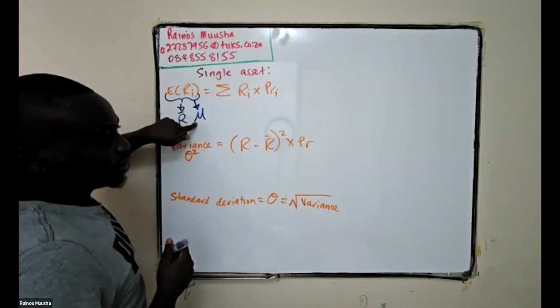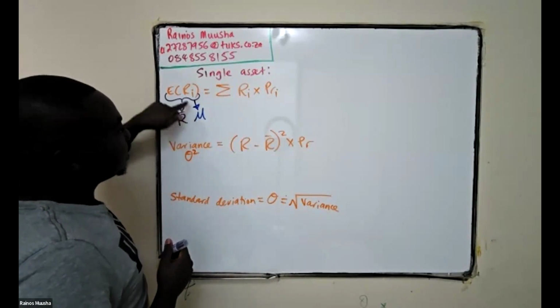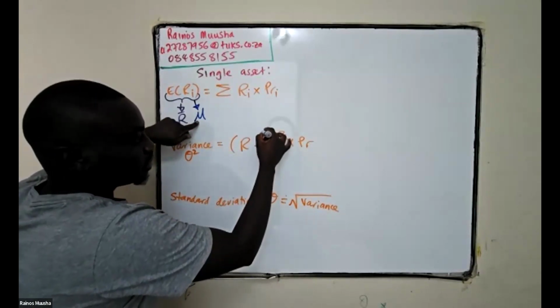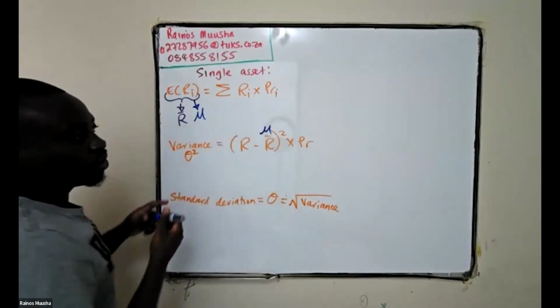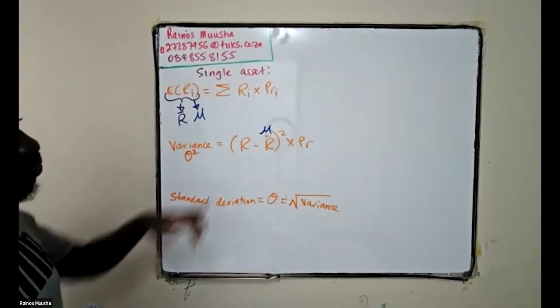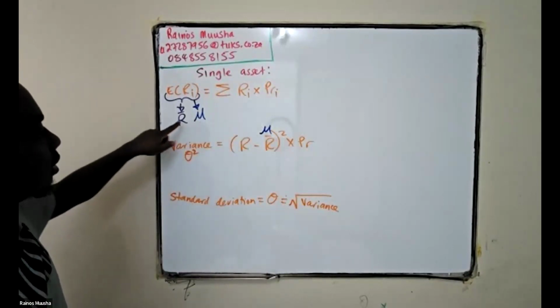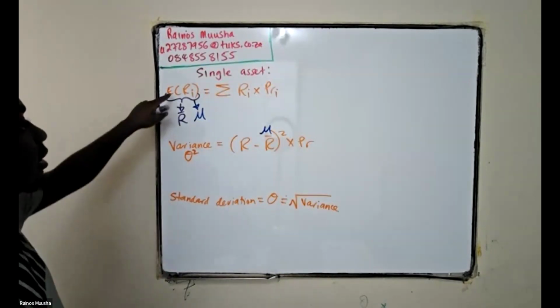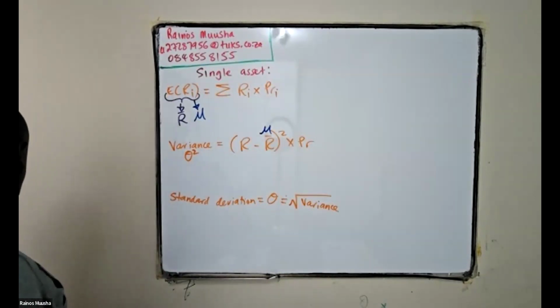So where you're saying R with the bar on top, sometimes you can also represent it as mu. If you see the notation mu, or the bar on top, it's basically the same thing. It's representing expected return.